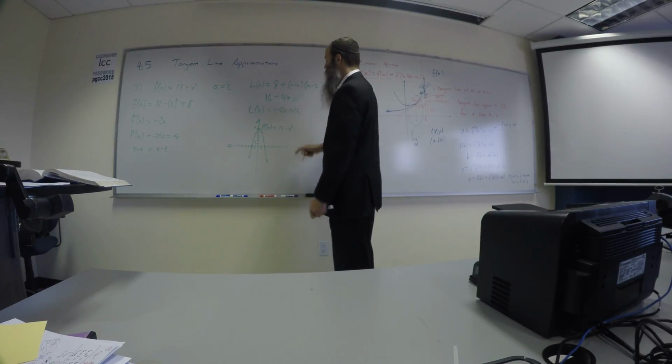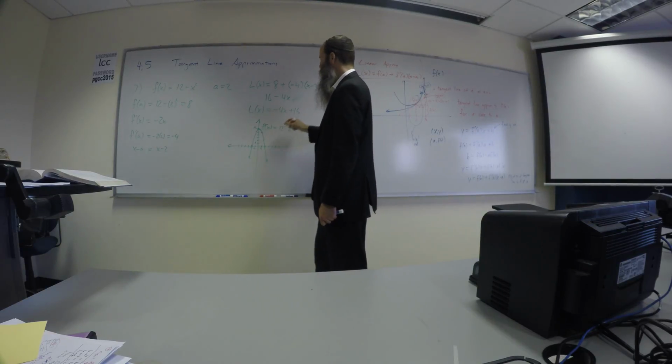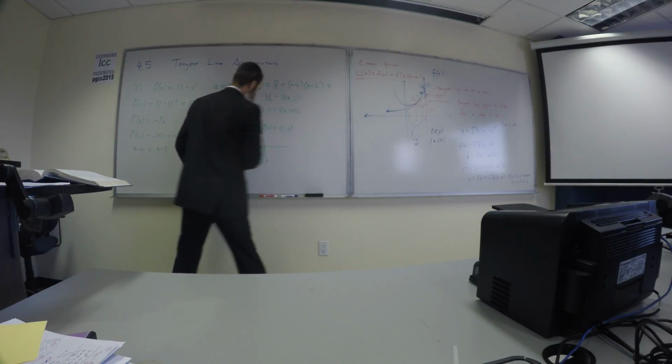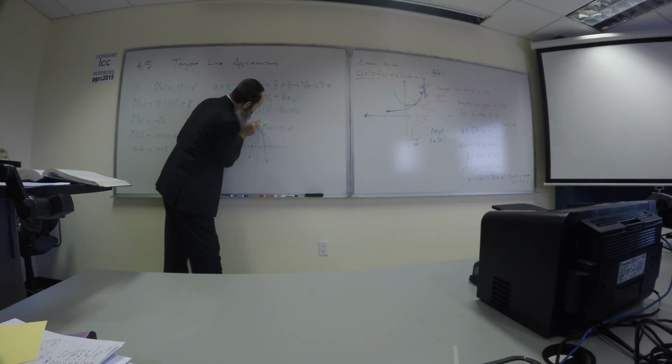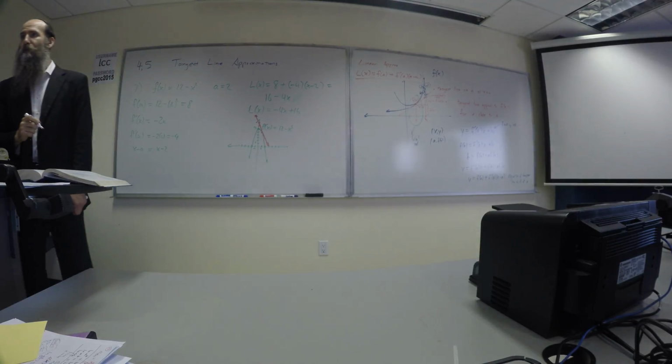And there should be a tangent line whose y-intercept would be 16, so that's 12, 14, 16. So it's got to go through there. Just draw it something like that. Okay? That has a perfect -4 slope.